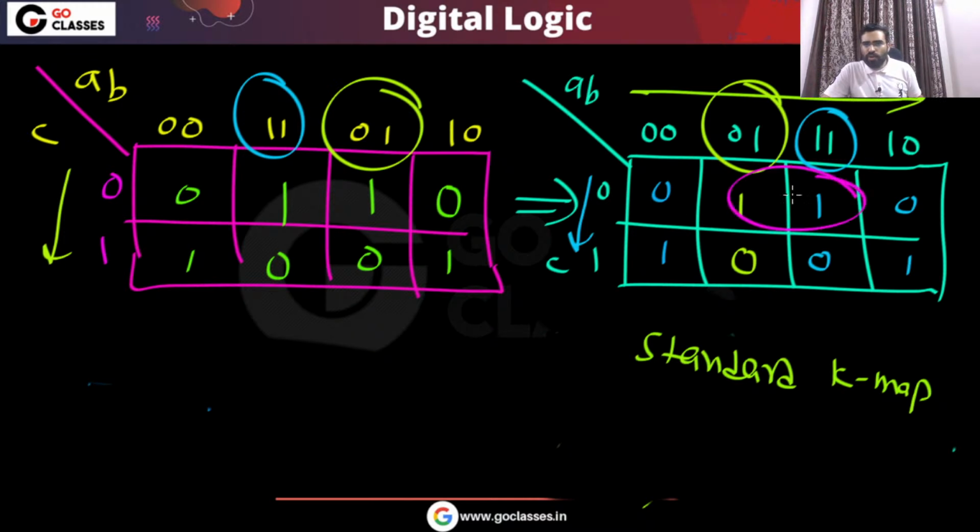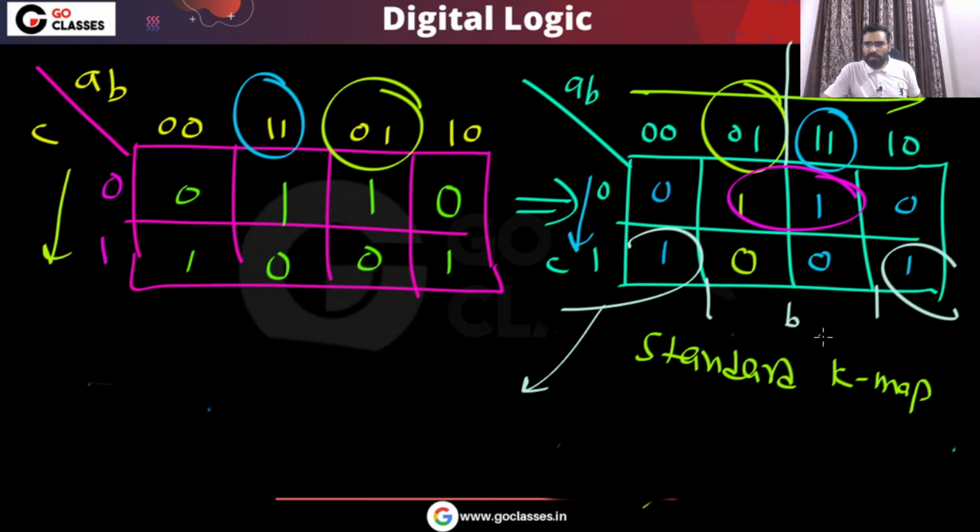Now you can do it like this. What will be your answer? We want the minimized expression, so tell me what you are getting here. You can just check it out. Here, this is the area of a, because here a is 1.